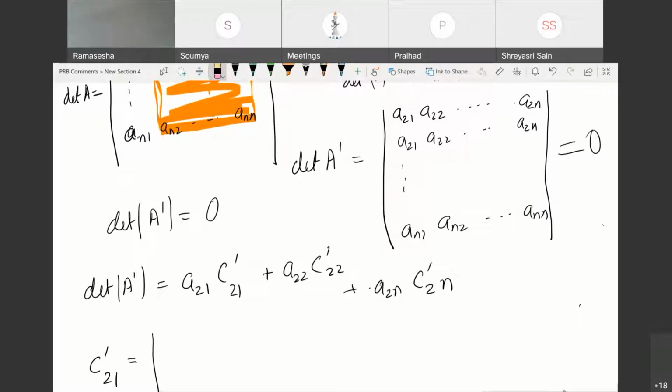That is A22 to A2N, and then AN2 to ANN, right? Yes, sir. Because C2 prime 1 is this part, right? So C2 prime 1 is actually C11. A21, rather A22 to A2N, and then A32 to A3N, etc.